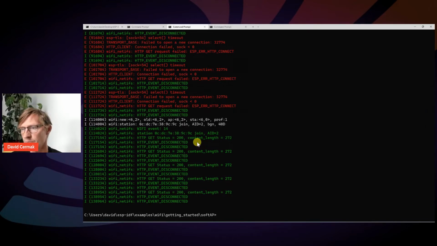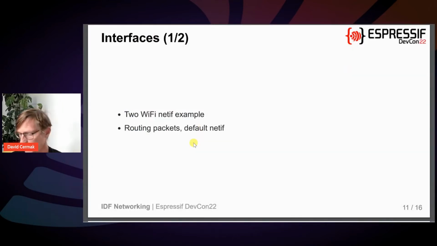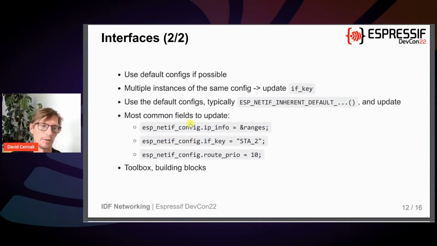So let's jump back to the presentation and see what we have learned about ESP-NetIF, the wrapper to network interfaces. We recommend using default settings, default configuration wherever it is possible.